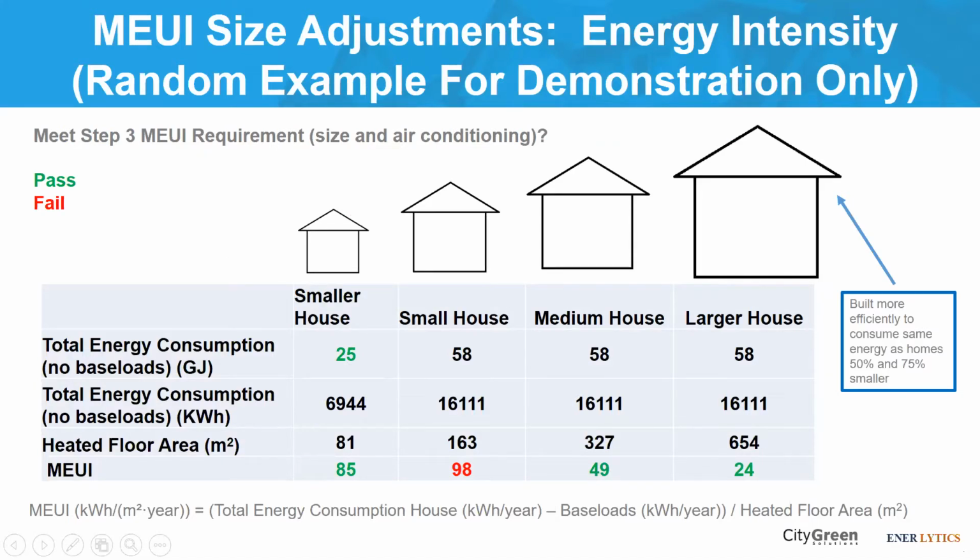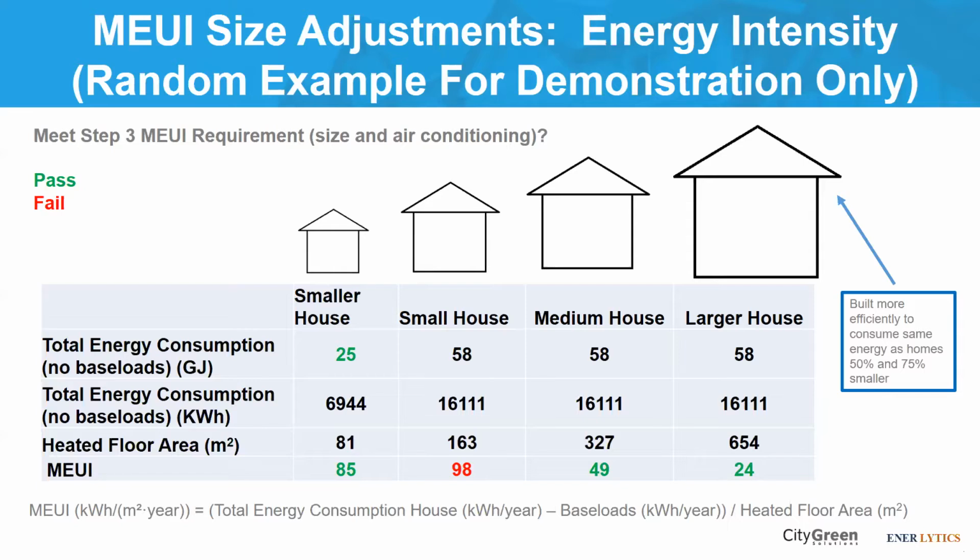Because MEUI is an intensity metric, we take this 58 gigajoules a year, or this 16,111 kilowatt hours a year, minus the base loads, and we divide it by the larger floor area, it's easier for the larger house to have a smaller MEUI. This is a result of taking an energy consumption number and dividing it by a larger floor area, which by default is going to allow for a smaller MEUI result.